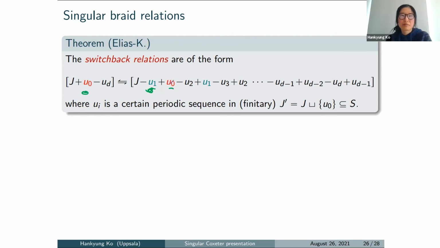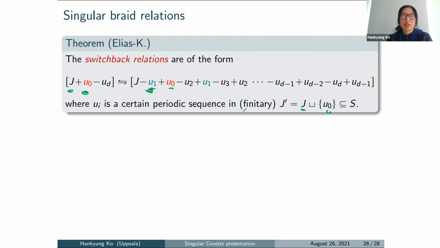But U0 could be the same as U2. It could be the same as UD and so on. So UI is a certain sequence, which I might explain a bit more, inside this J, which is the first set, and U0.